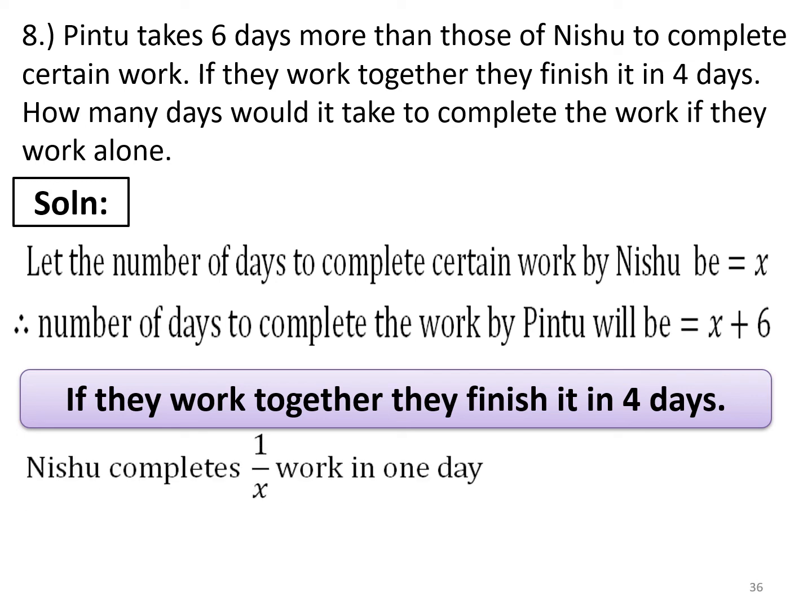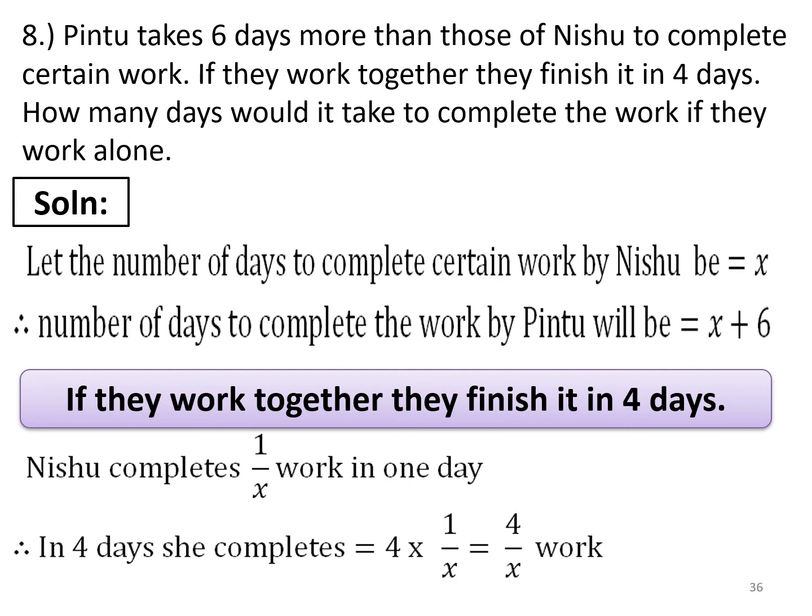The amount of work Nishu completes in one day is 1 upon x. So in 4 days she will complete 4 into 1 upon x, which is 4 upon x work. I repeat it again.